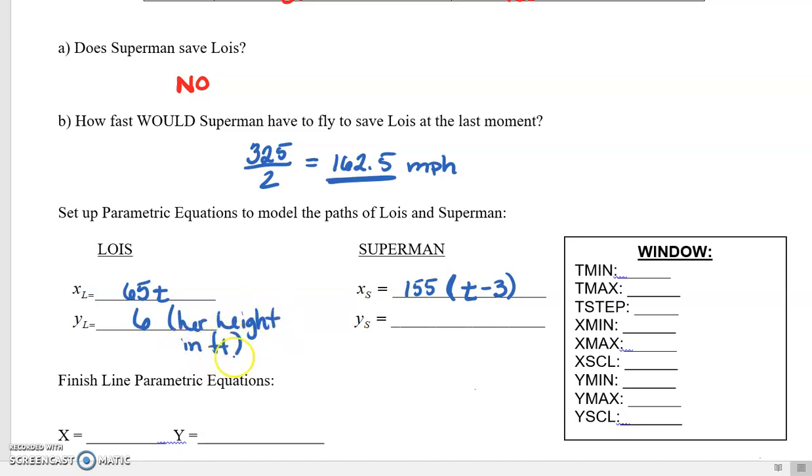You could pick a different number. It would totally be fine. It does not affect the result of the simulator. And I'm going to say that Superman's going to fly about 100 feet off the ground, so his height as he's flying.